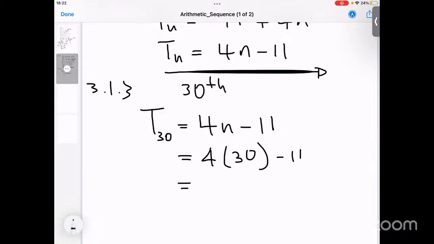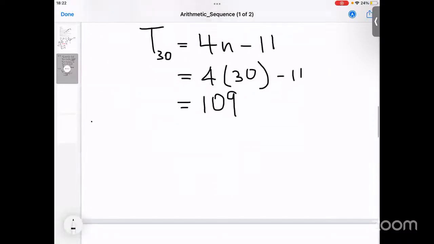That's how you easily work it out. Now I'm going to use the calculator and say 4 into 30 minus 11, it gives 109. Yes, that's what I'm getting as 109. So that's how you deal with that one.